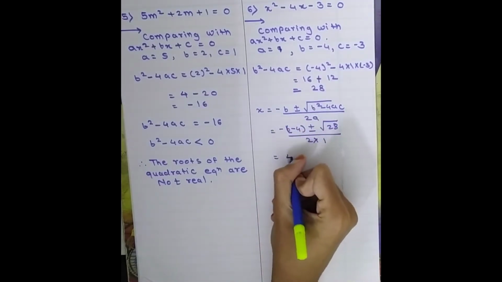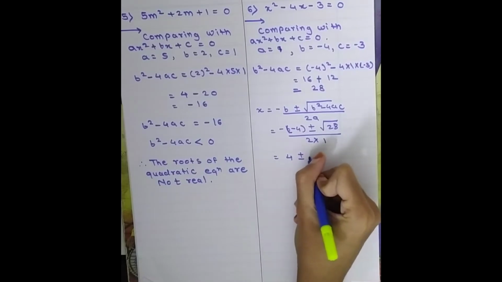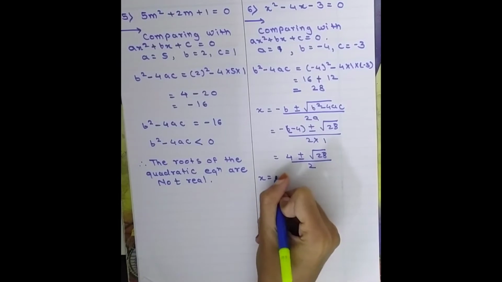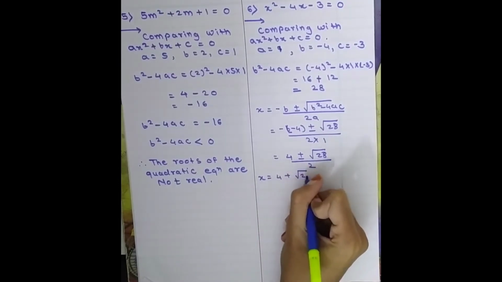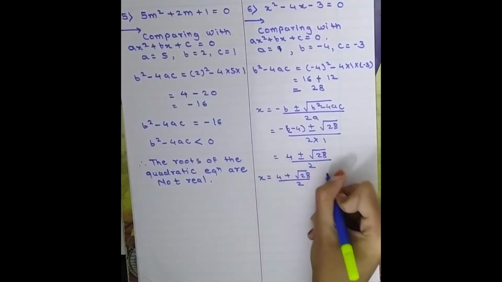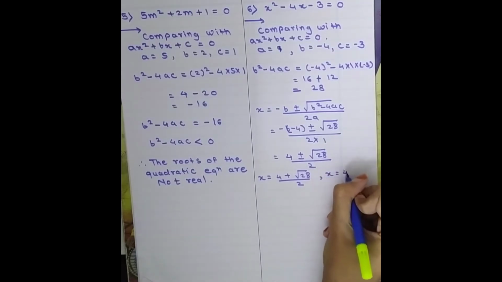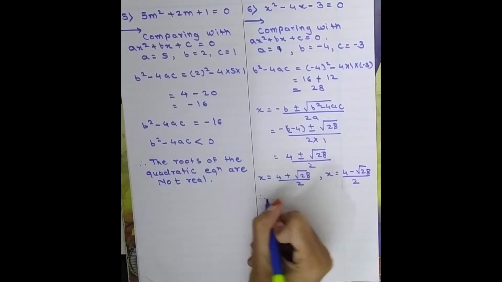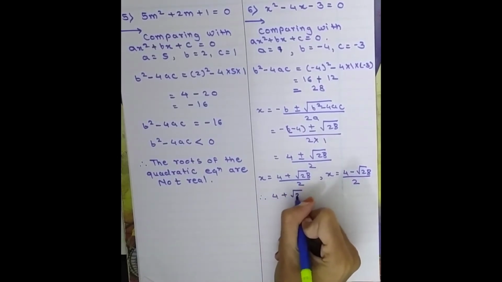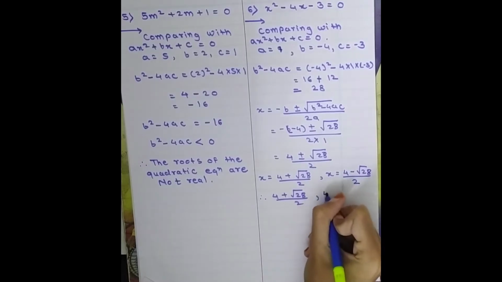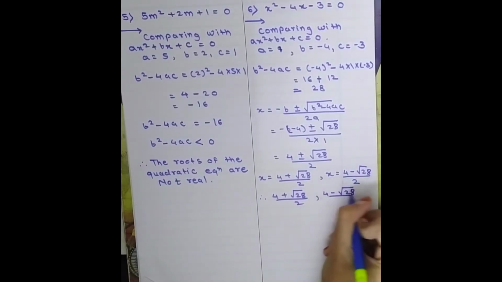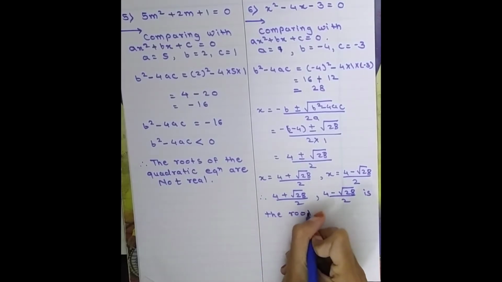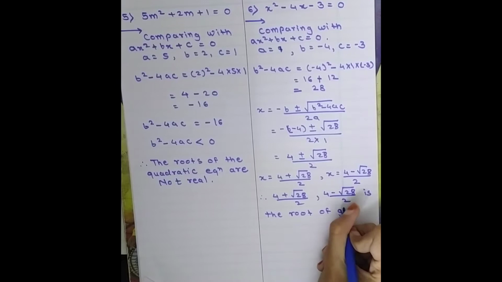So x is equal to 4 plus root 28 upon 2 and x is equal to 4 minus root 28 upon 2. So therefore 4 plus root 28 upon 2 and 4 minus root 28 upon 2 are the roots of the given quadratic equation.